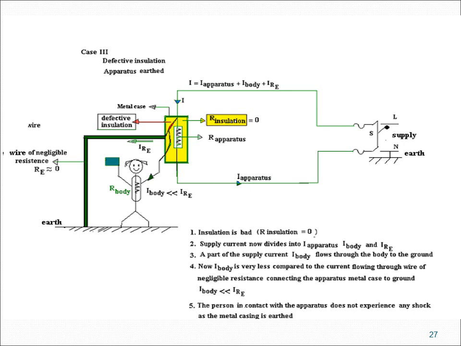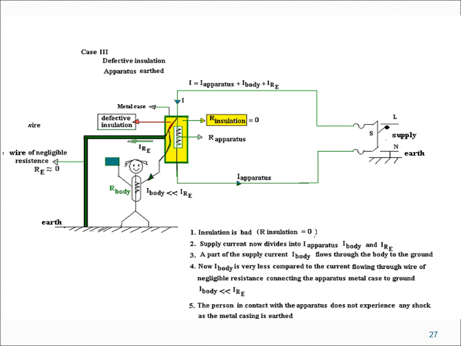It is almost equal to 0, because of the wires of negligible resistance towards the earth. All the leakage current flows towards the ground. So the person in contact with the apparatus does not experience any shock. That's why earthing is very important.